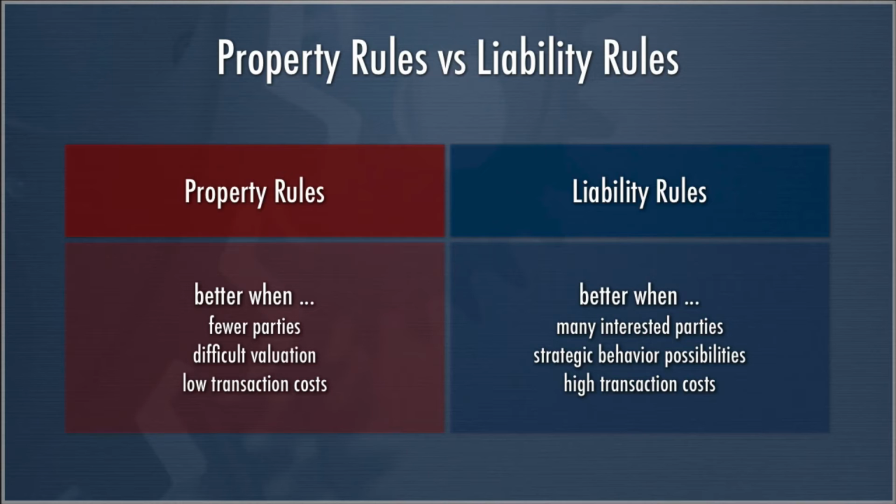Liability rules are also better when there's strategic behavior possibilities, right? If somebody might hold out, say, for example, I have a patent on a new kind of light bulb that would be sort of revolutionary to the light bulb industry, but I'm making so much money on the old style light bulbs that I don't want to allow anybody to produce the new light bulbs, so I simply suppress it.